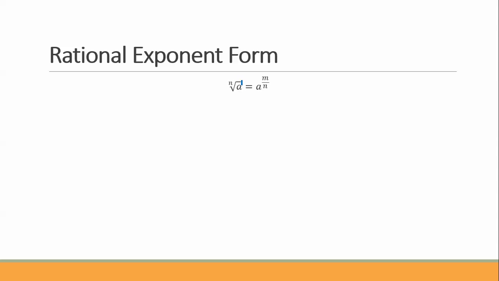So the nth root of a to the m is equal to a to the m over n. So the m is going to be the numerator of the fraction exponent, and n, the index, is the denominator.